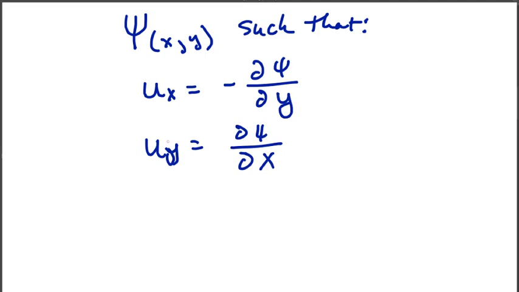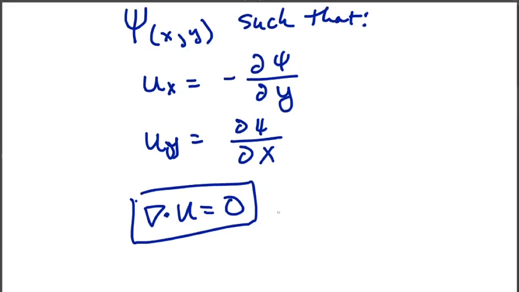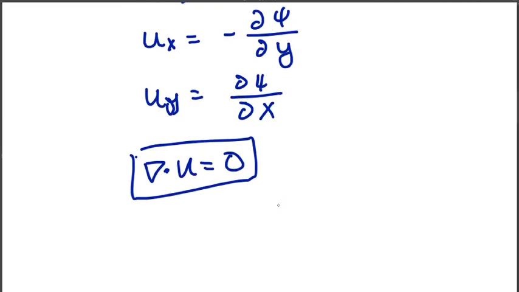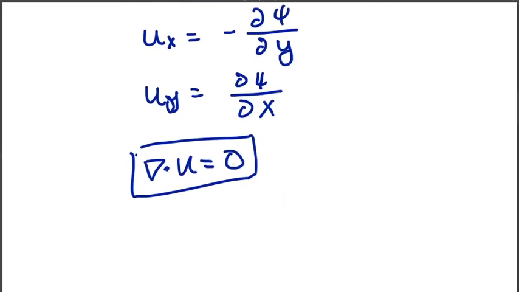Now, where does this come from? This comes from writing the velocity field of an incompressible fluid, and this is where it's particularly powerful. The velocity field of an incompressible fluid, one with the divergence of u equal to 0, is nicely represented by this.